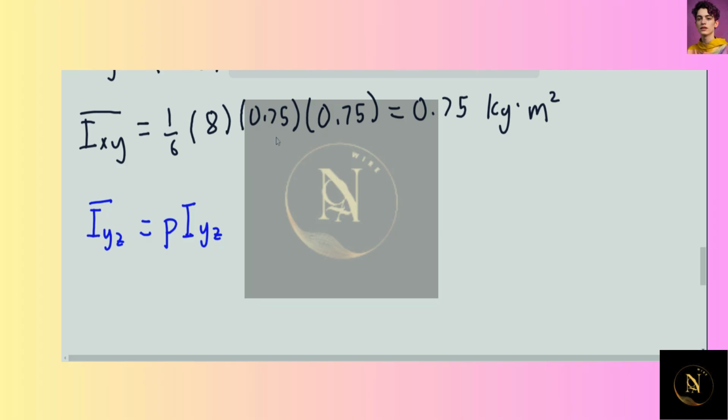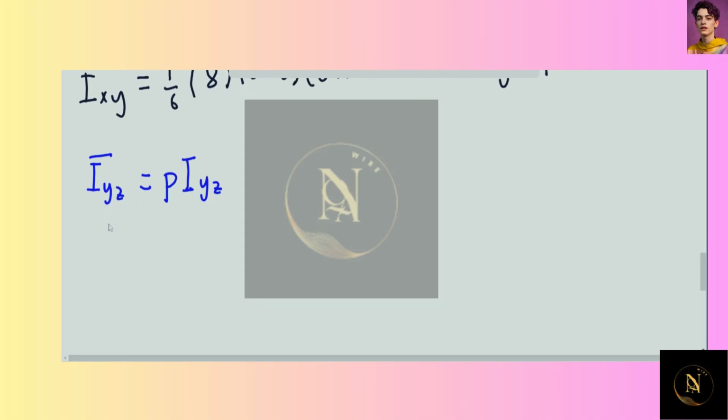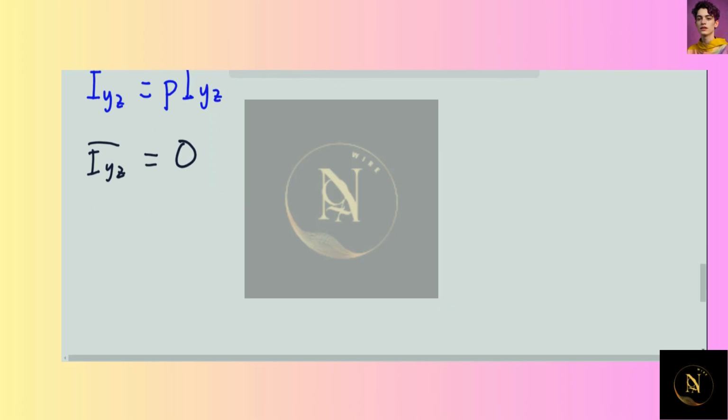And we already know that I of YZ is equal to 0. So the mass moment of inertia in the YZ plane is just going to be equal to 0. And next we're going to calculate the mass moment of inertia in the y direction.